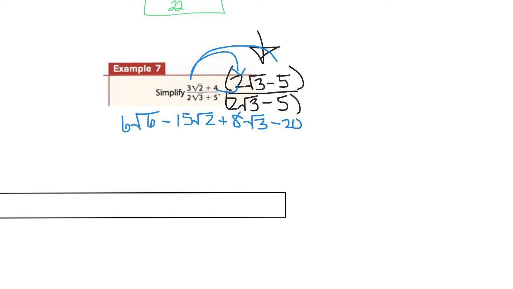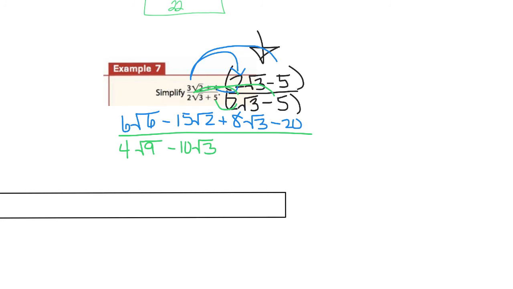So let's do the bottom. First, I know this is a mess, I apologize. 4 square roots of 6 times square roots of 9. Outer, that becomes negative 10 square roots of 3.